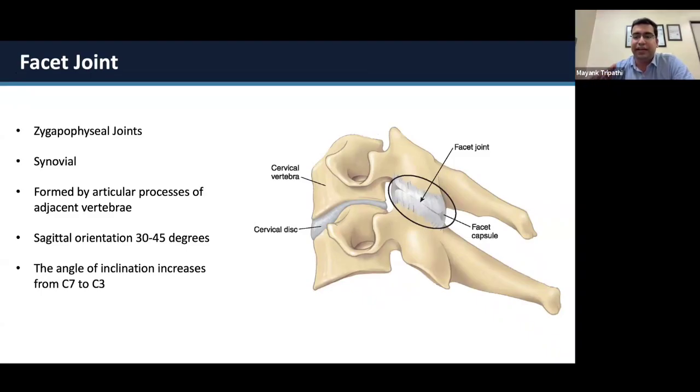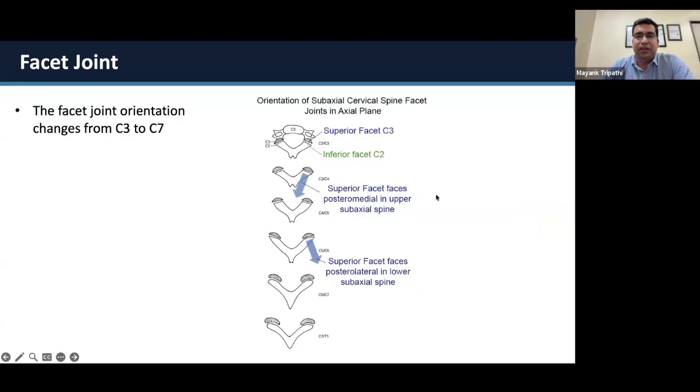These joints tend to be more vertical. If we look at the facet joint orientation in the axial view, the superior facet usually faces posteromedially in the upper subaxial spine, but as we go downwards, these facet joints usually turn posterolaterally.